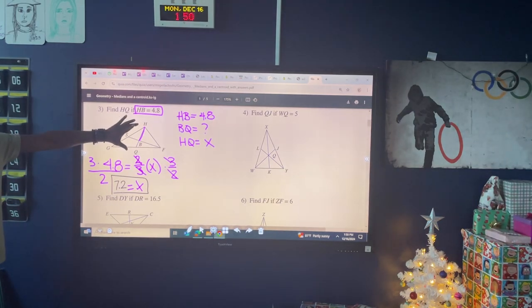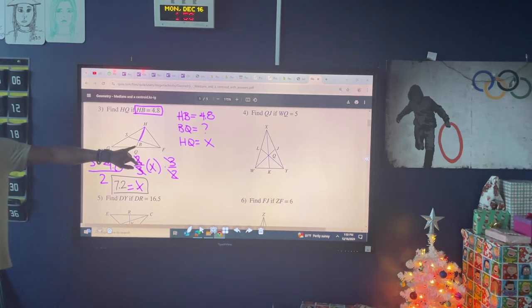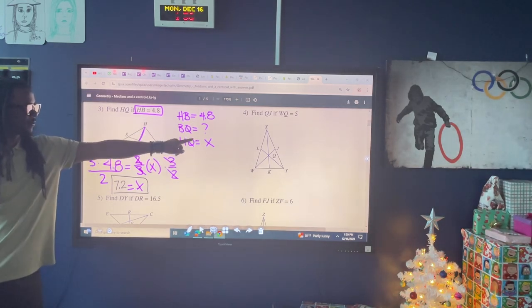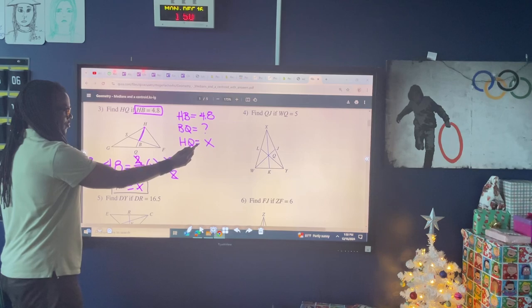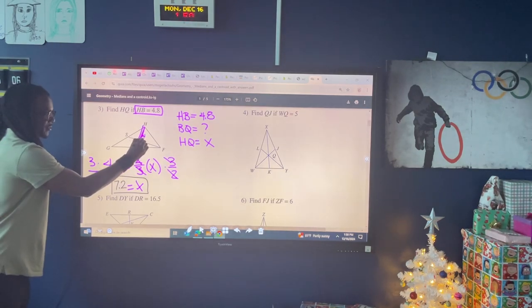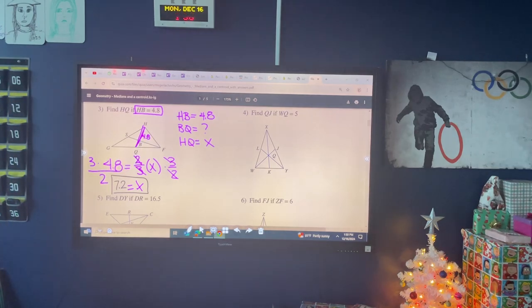That's the entire distance. That's your answer. You need HQ. They're not looking for BQ, even though you could find BQ by just subtracting 4.8 from 7.2. You are looking for HQ, the entire distance. But they gave you this. How we feeling?